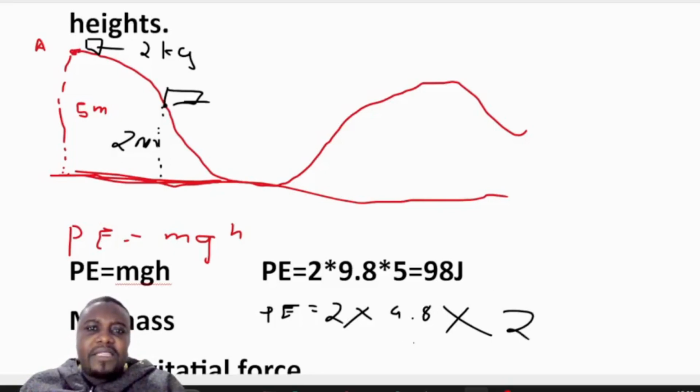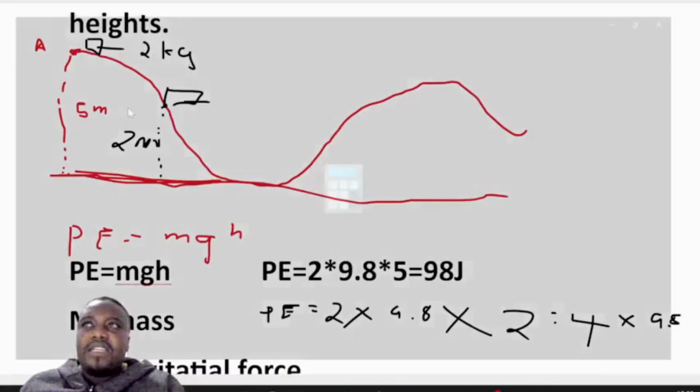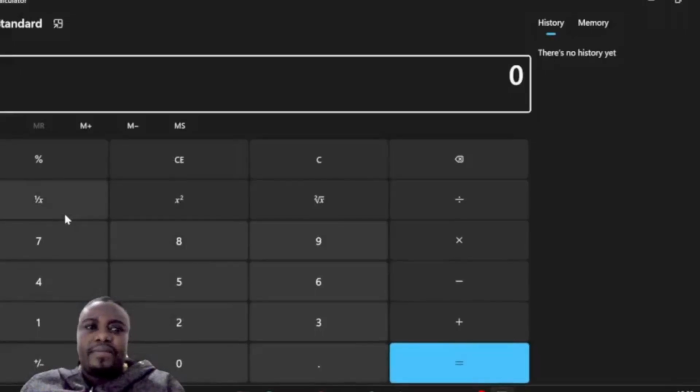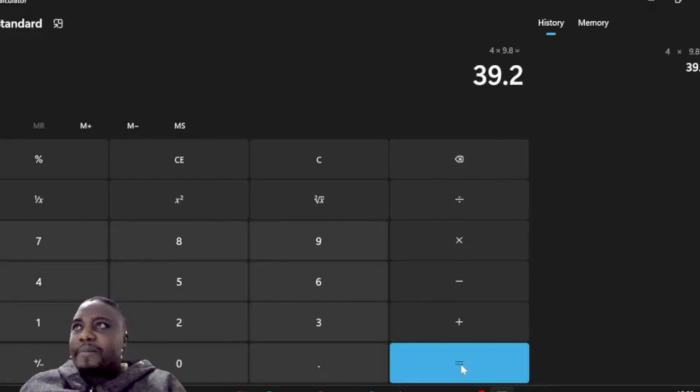So 2 times 2 is the same as saying 4, multiplied by 9.8. You can still use your calculator. If you use your calculator, you'll see 4 multiplied by 9.8 equals 39.2.